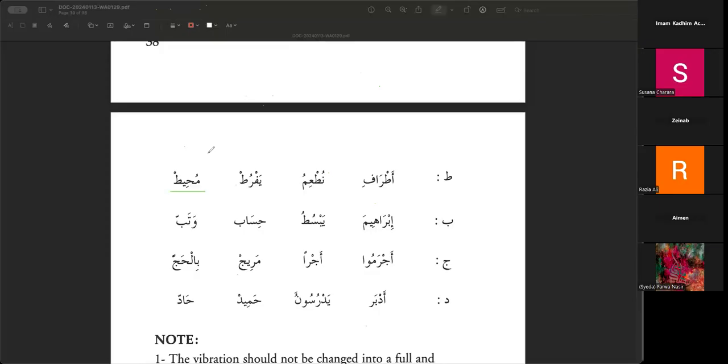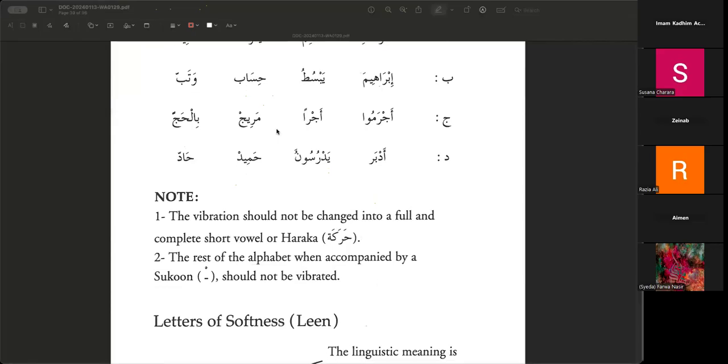So try to practice those two again, the difference between those two letters. I'm not sure if it was Sister Razia. I'm sorry, I was focusing on qalqala. Okay, sister. Thank you so much.